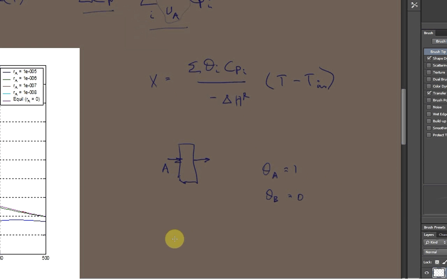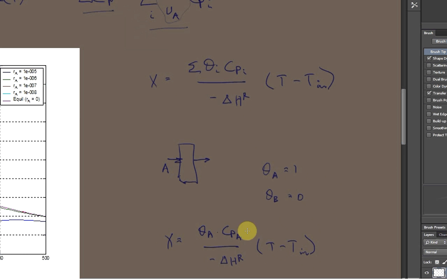So we could say simply that this is x equals beta A times CPA. And we could say plus beta B CPB, but beta B is 0. So there's no point to writing that in. And then divided by minus heat of reaction, and of course T minus T in here.